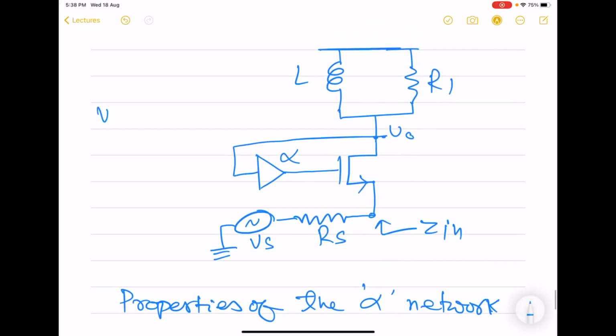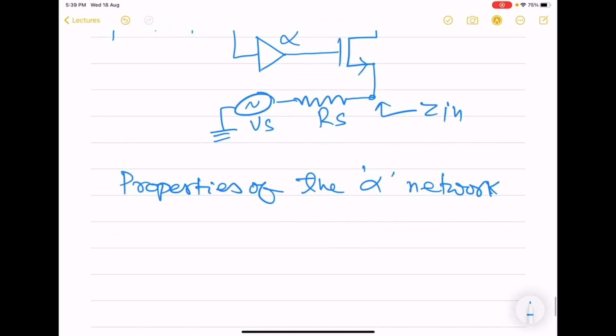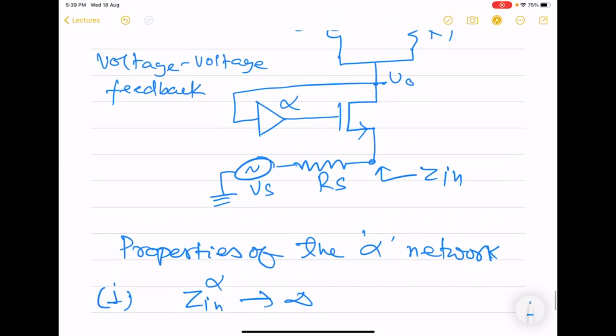So this is also called voltage feedback. So the first property is the input impedance of this feedback network is infinite. So here we have input impedance. That means this current is 0.